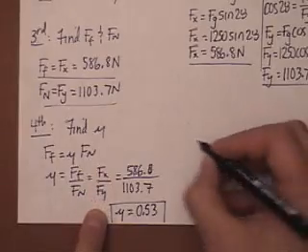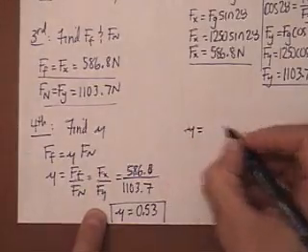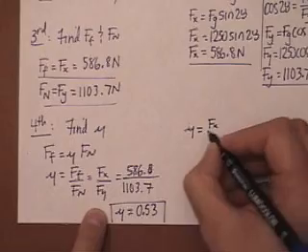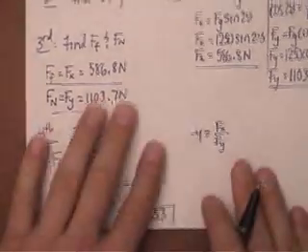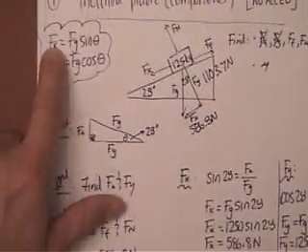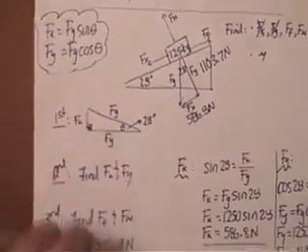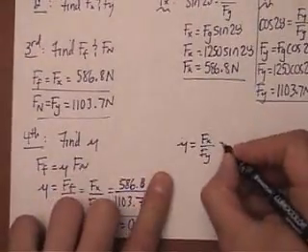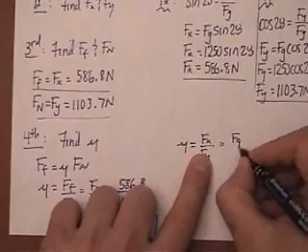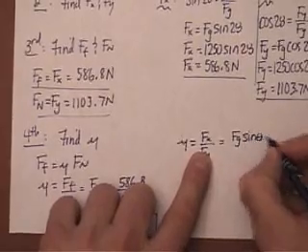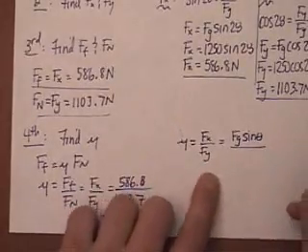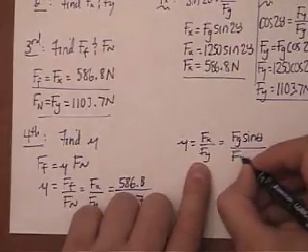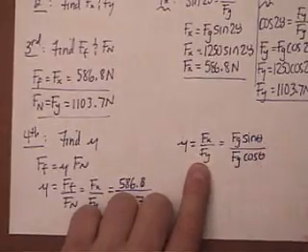Now look at this. Fx over Fy. I'm going to rewrite this here. Go up to your little tricks here. Fx and Fy: Fg sine theta, Fg cos theta. Remember that. Fx is Fg sine theta, and Fy is Fg cosine of theta.